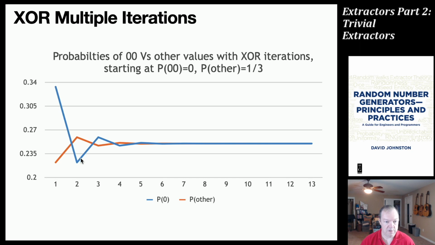But we iterate it to get the probability of a 0, 0 and the probability of the other input, and we see that the probabilities cross, and then cross back and cross back, but they are converging on one quarter, 0.25, which is what we'd expect for 4 uniform symbols, each with probability of a quarter.